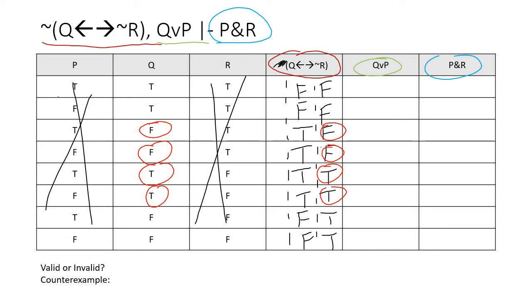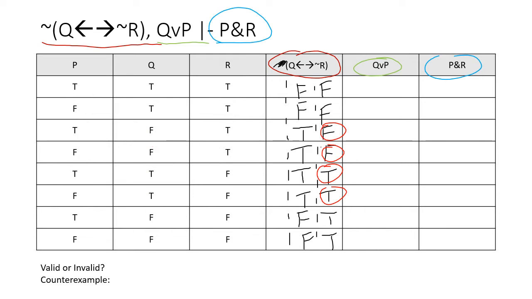And we can erase that column here, because now that we've done our double arrow, we don't need the tilde anymore, but we still have this outside tilde. So we're going to take these values and we're going to flip them again, from F's to T's and T's to F's.